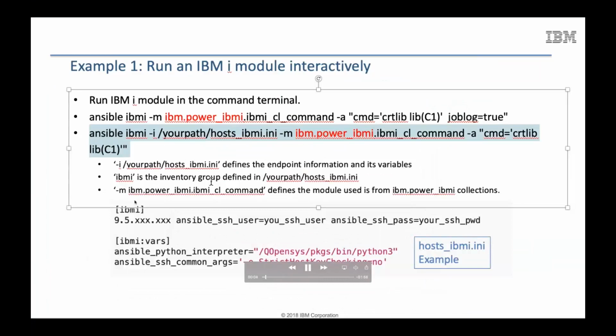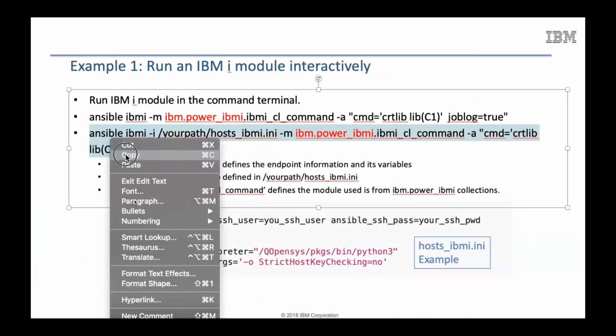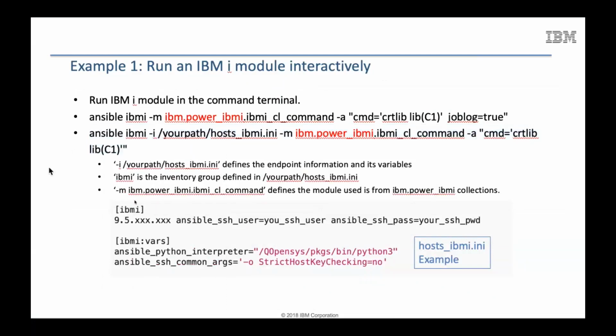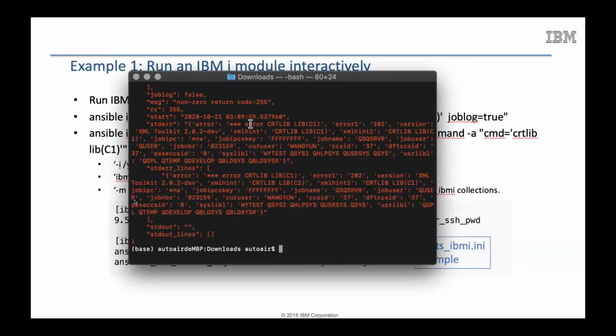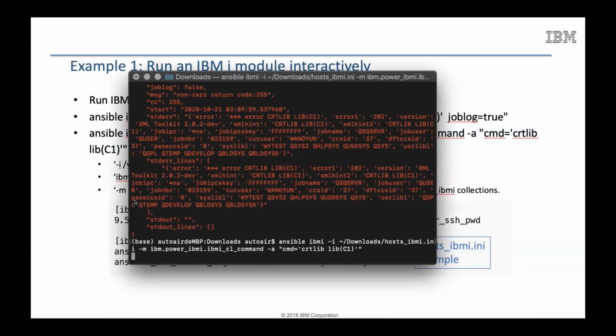In order to prove that this example actually works, I just copy and paste this command line to my Mac console command line, and I just change the path of the inventory file to point to my locally downloaded inventory file location.